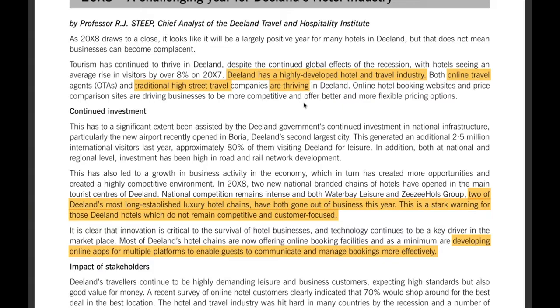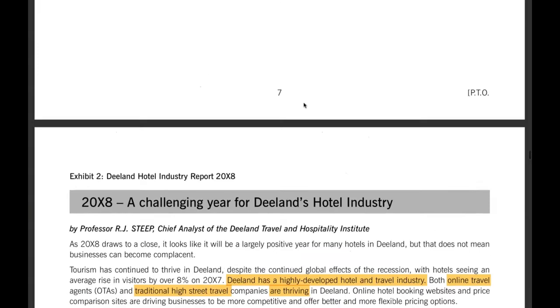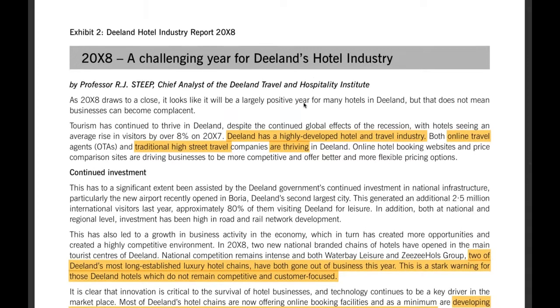So this is another exhibit that you have, which may help you. As 2008 draws to a close, it looks like it will be a largely positive year for many hotels in Dillon, but that does not mean businesses can become complacent. Tourism has continued to thrive in Dillon.